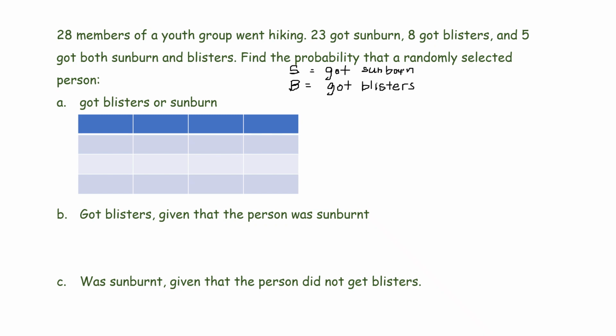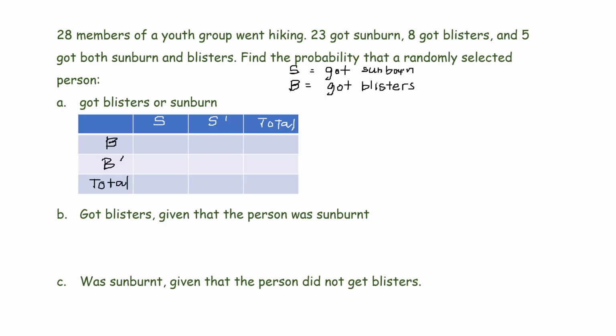And let's use them to label this two-way table. So S, not S, and total. And for the rows, we use B for the number of people who got blisters, no blisters, and total.